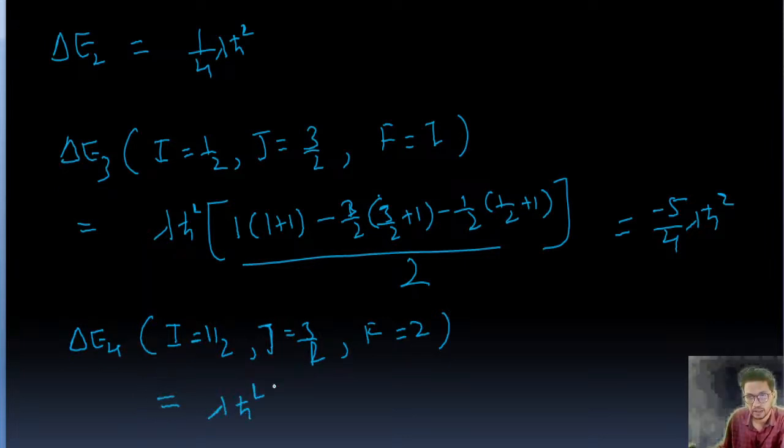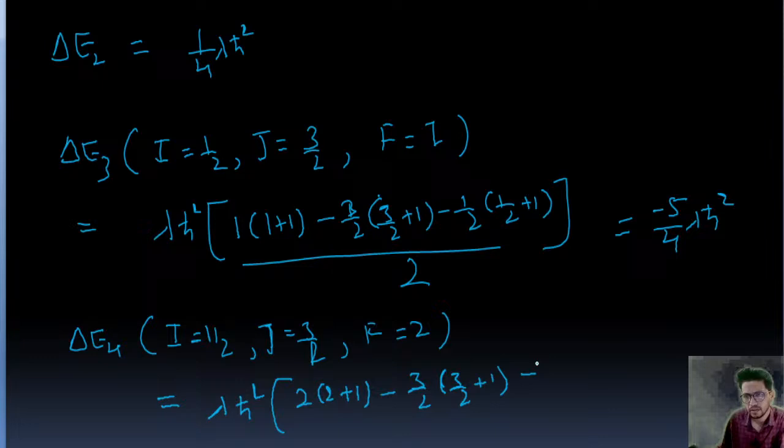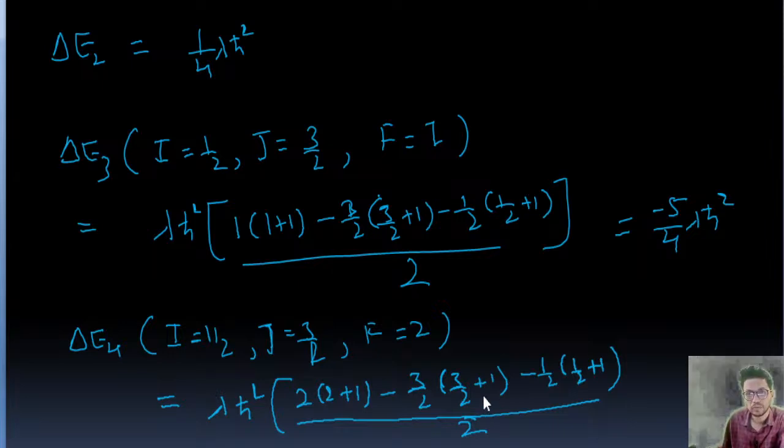Lambda h cut square, this 2 into 2 plus 1, f value is this, right? Minus 3 by 2 into 3 by 2 plus 1 and minus half into half plus 1, upon 2. Okay, so now we solve it.